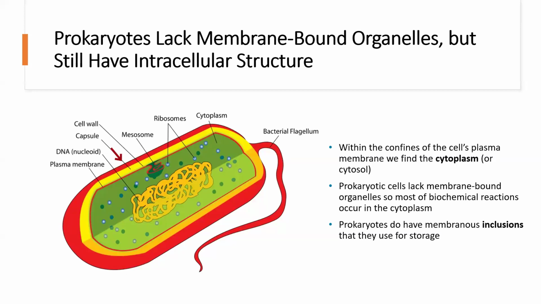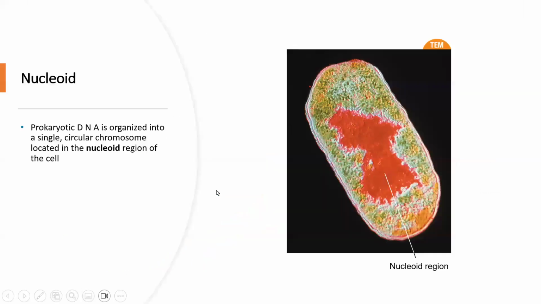And inside of that cell, floating around in that cytosol, we have a couple of things of import, including some different inclusions. So we have the nucleoid space. This is where the prokaryotic DNA is, which is usually a circular, well, as far as I know, they're all circular DNA molecules, and they're double-stranded, but they're just a single set of strands, unlike with human chromosomes where we have two copies of the chromosome.